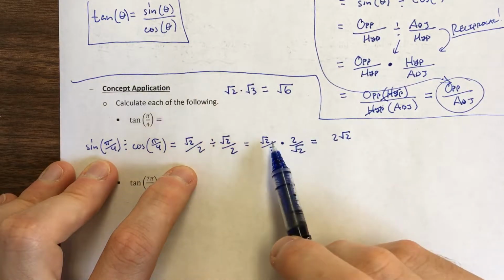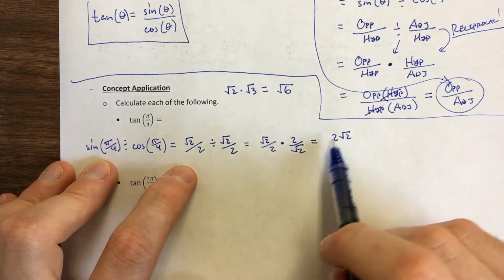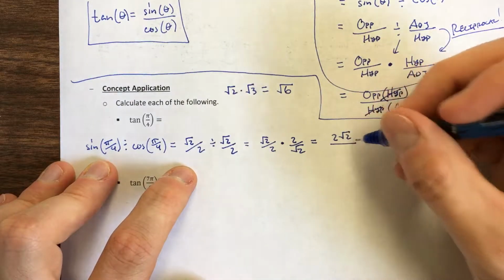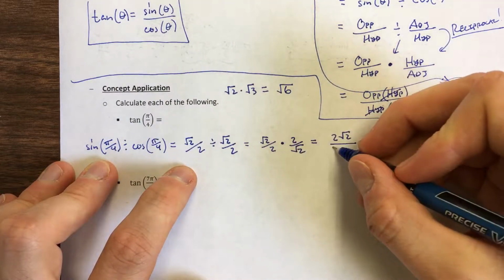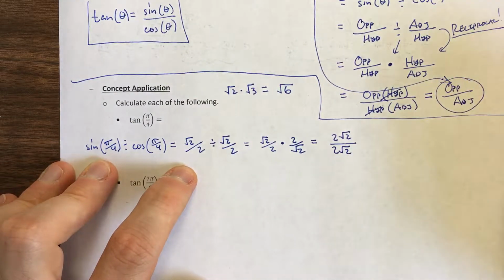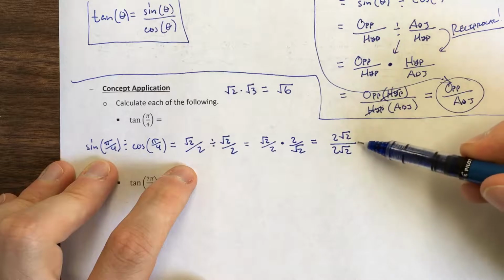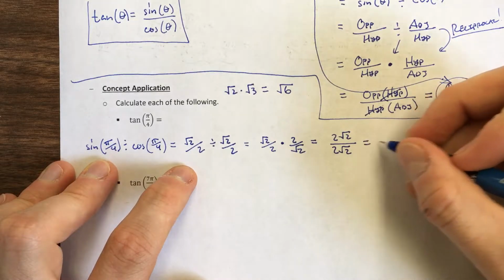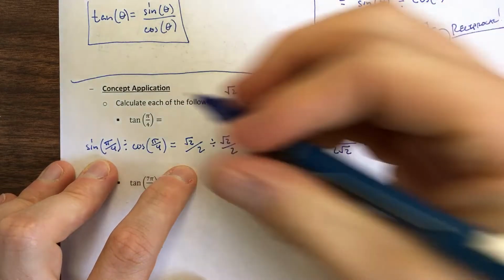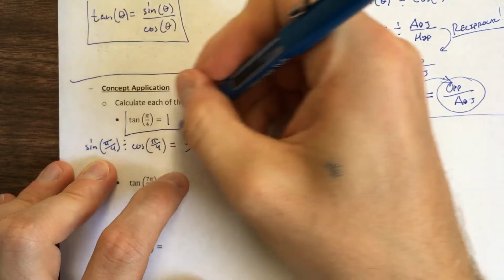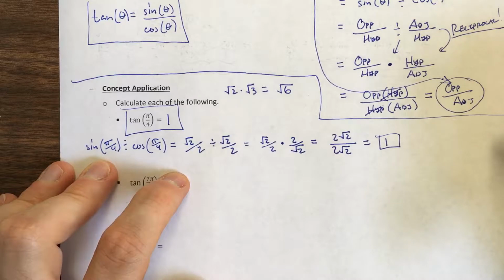But here, this does not become square root of 4. It merely just becomes 2 square root of 2. Similar thing in our denominator, because we multiply straight across. Now we have something divided by itself, which is just going to give us 1. So in total, tangent of pi over 4 is 1.